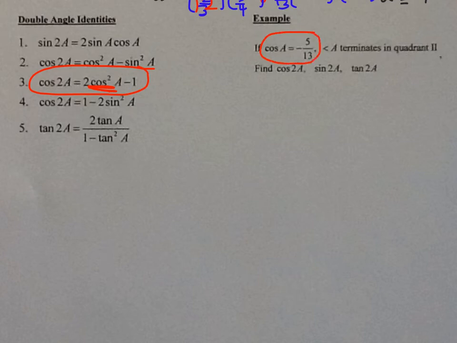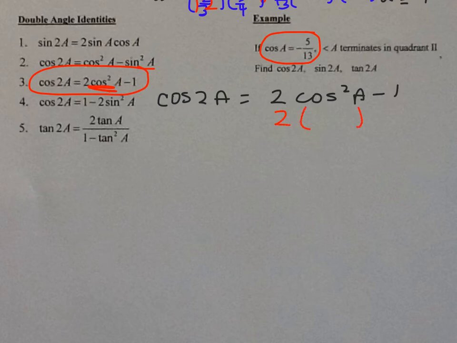So let's write down the formula for cosine. Cosine 2A is equal to 2 cosine squared A minus 1. So it's going to be 2 times something squared minus 1. And what is my cosine? My cosine is negative 5 over 13.